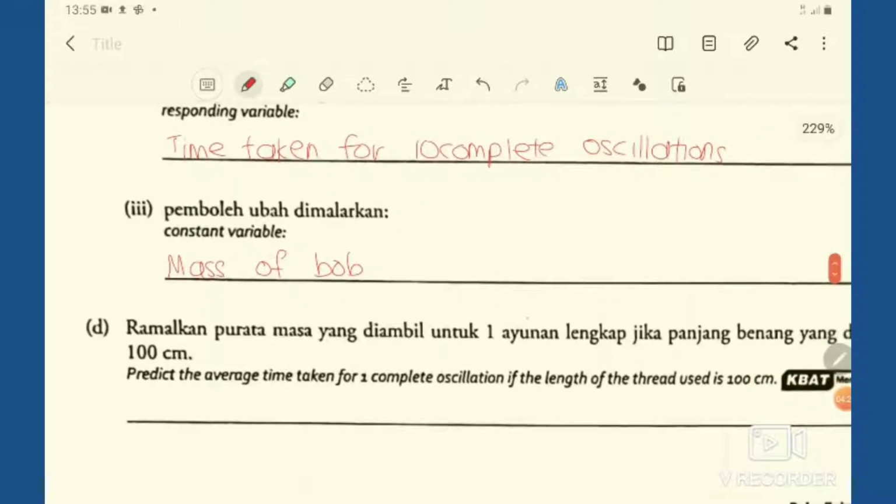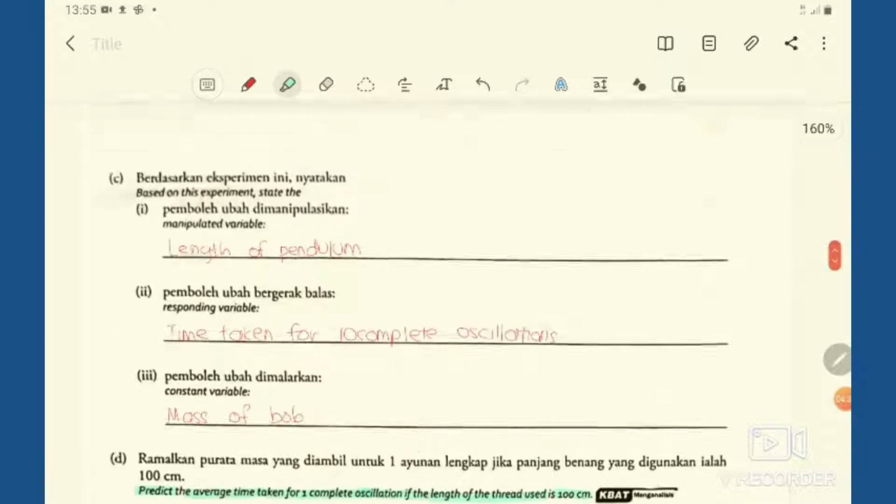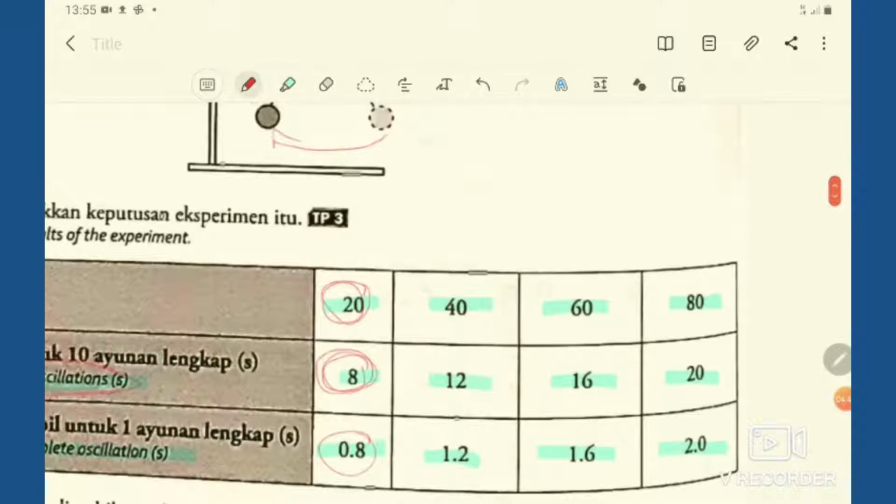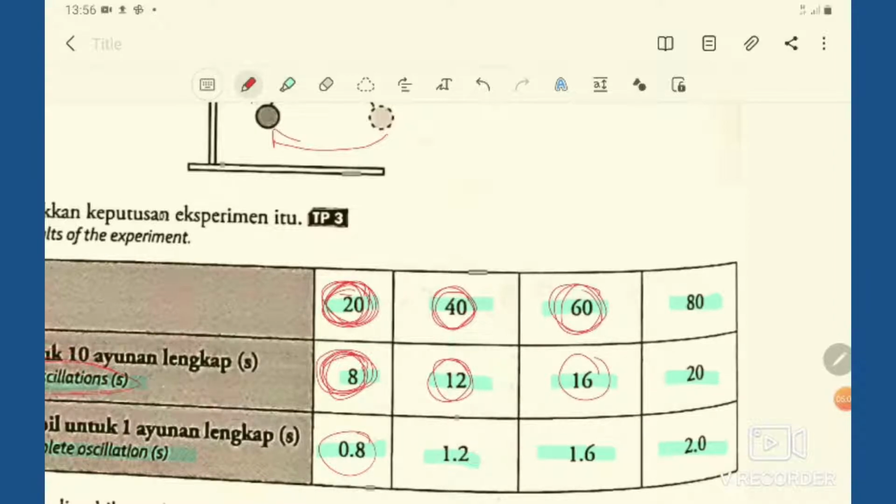Okay, next, predict the average time taken for one complete oscillation if the length of the thread used is 100 cm. It's mentioned here. If the length of the pendulum is 20 cm, time taken 8 seconds. 40 cm, time taken 12. 60 cm, time taken 16 seconds. So it seems like we just need to add 4.